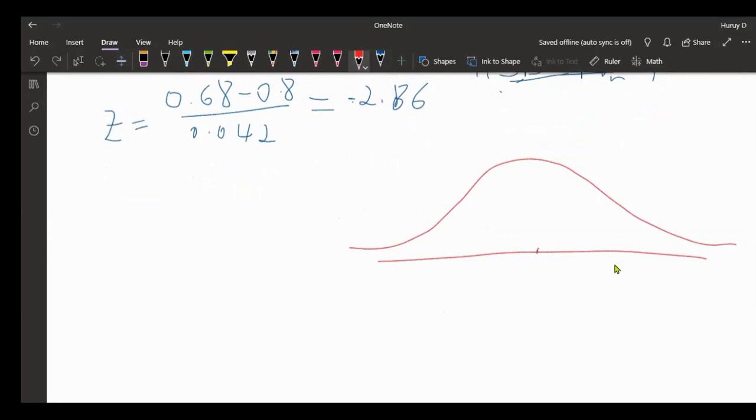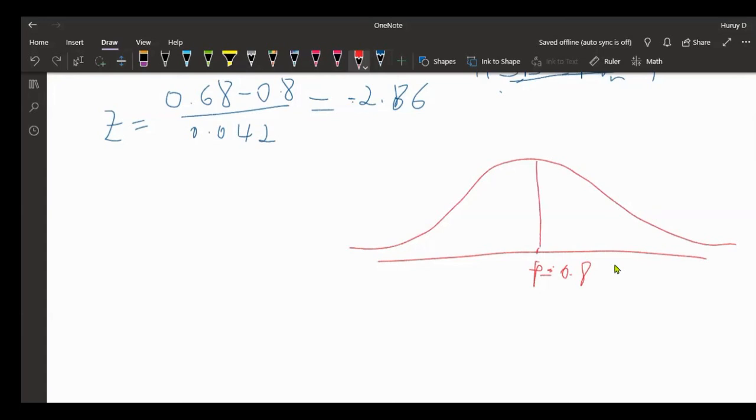The center is always the mean, in this case P. Remember, up to now we're assuming the null hypothesis is true, because we haven't proven otherwise. So my P is the claimed value, 0.8, and the center is 0.8.